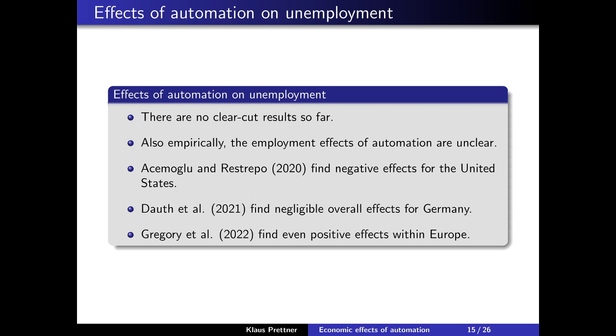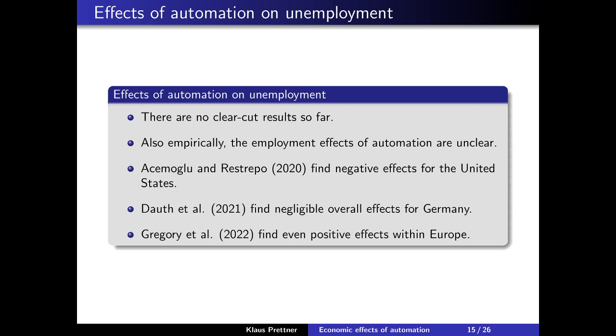Acemoglu and Restrepo, for example, in their paper in 2020, find negative employment effects of automation for the United States. And actually, automation leads to quite a large increase in unemployment, according to their findings. By contrast, Dowd and co-authors use the same methodology, but for German data, and they find negligible overall effects. So there in Germany, automation did not seem to increase unemployment by much.